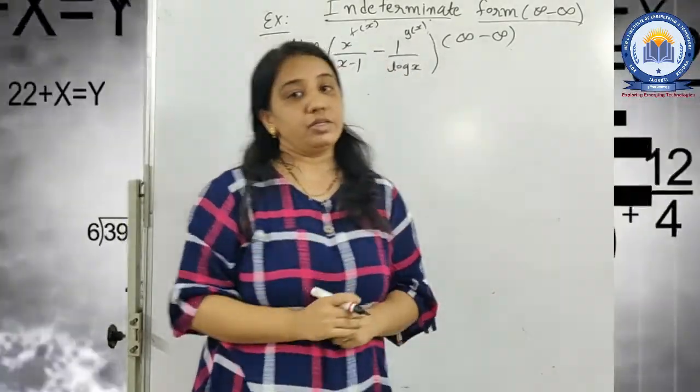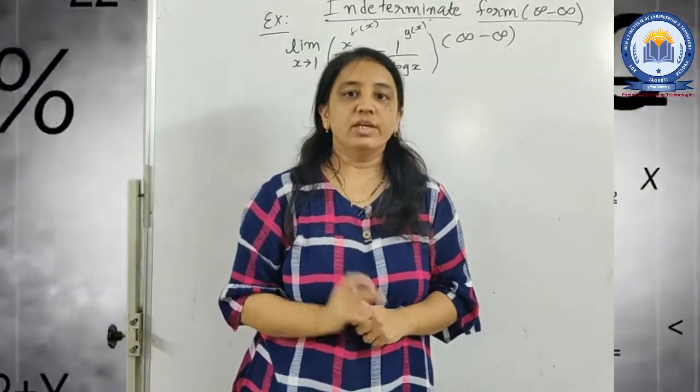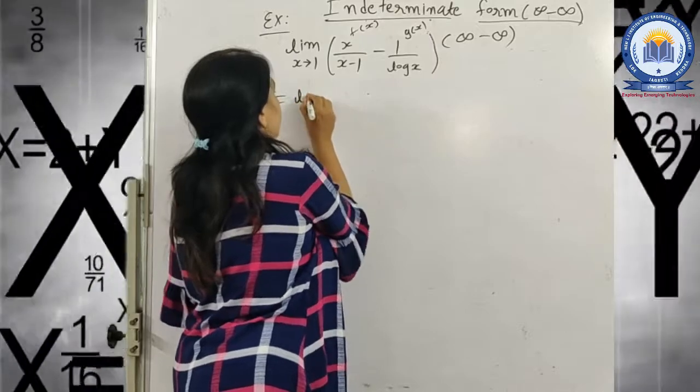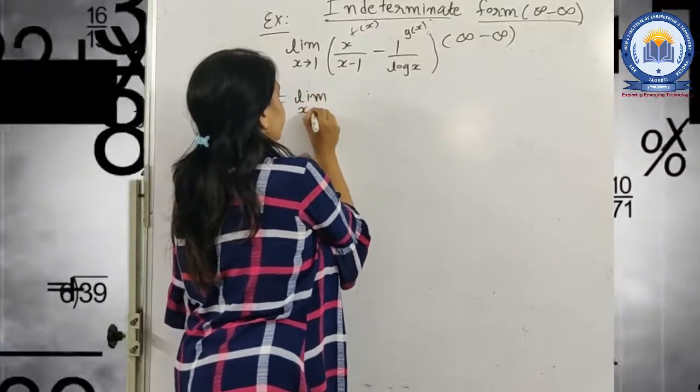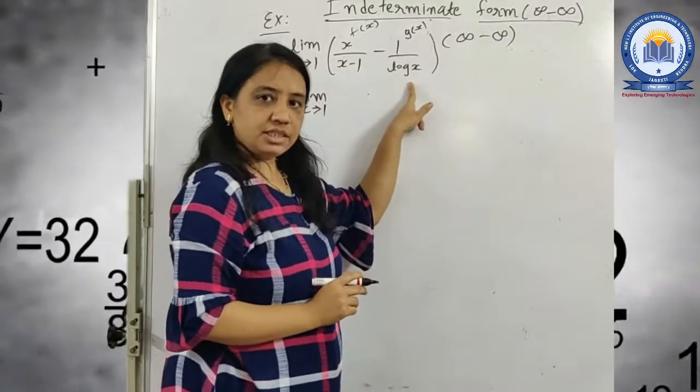So the indeterminate form is infinity minus infinity. Now we'll try to convert it into 0 by 0 form. So we can rewrite it as limit x tends to 1. This is f(x), this is g(x).